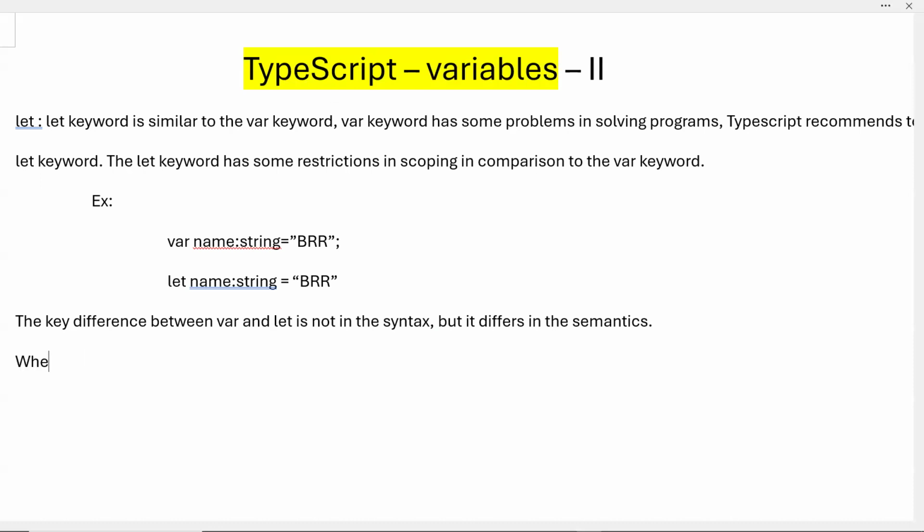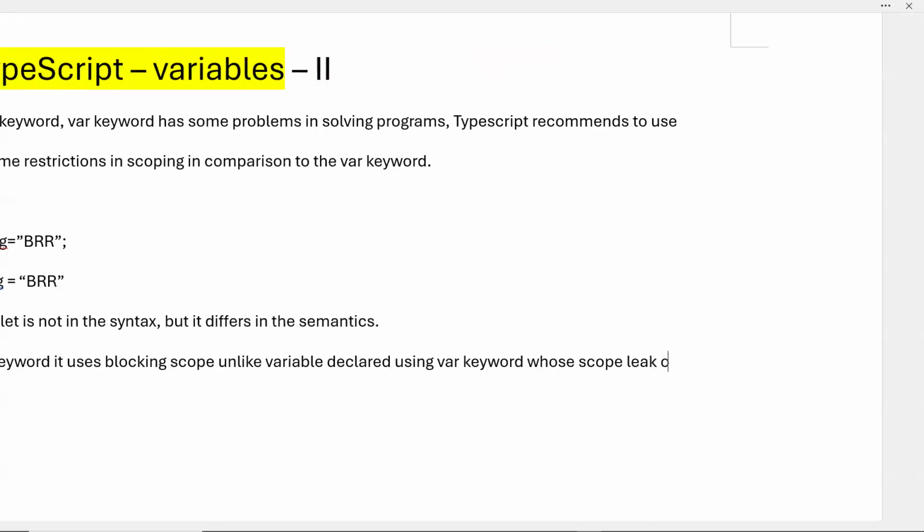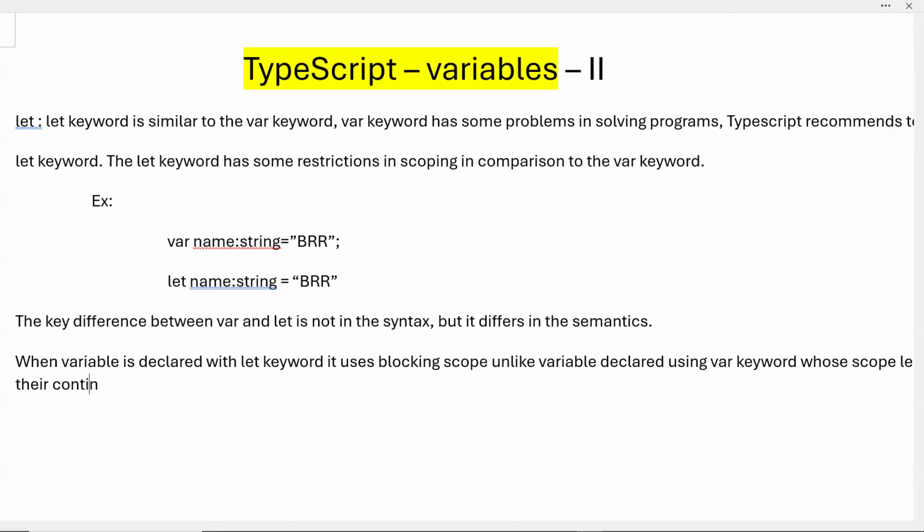So when a variable is declared with the let keyword, it uses block scoping, unlike a variable declared using the var keyword, whose scope leaks out to its containing function.